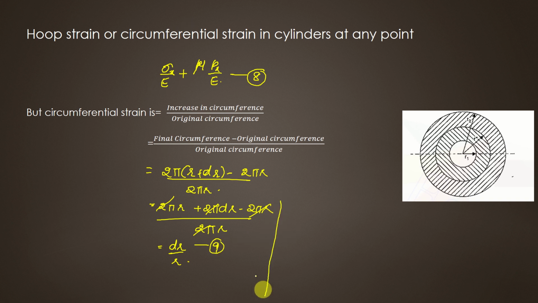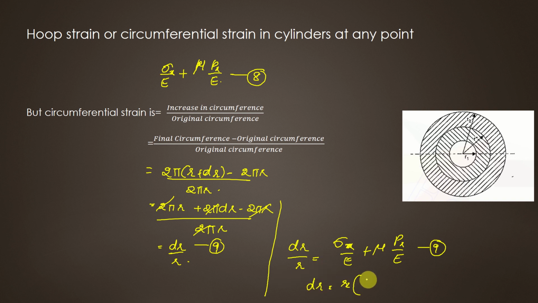So finally dr by r is equal to sigma x by E plus mu into px by E. Take it as equation number 9. From equation 9, dr is equal to r into sigma x by E plus mu into px by E.